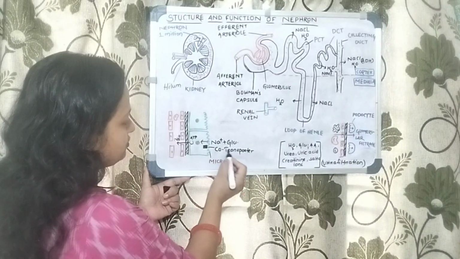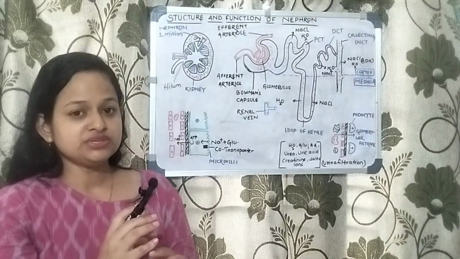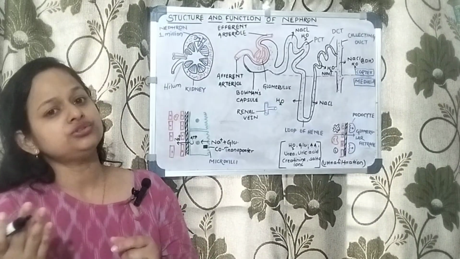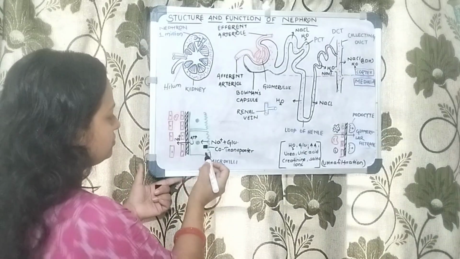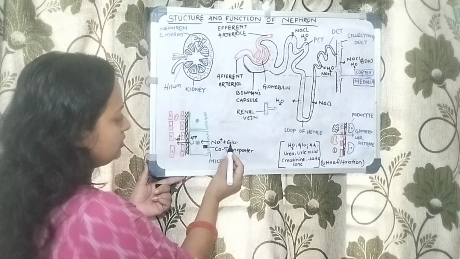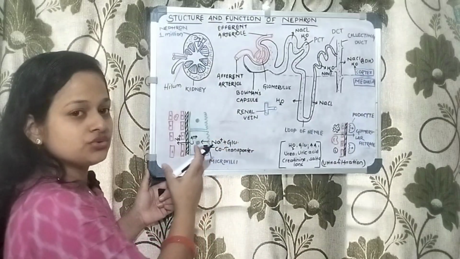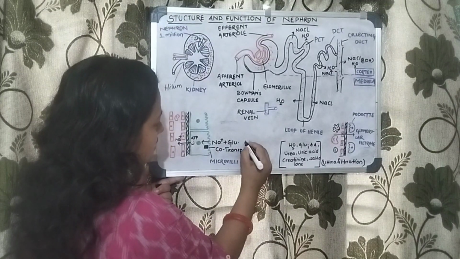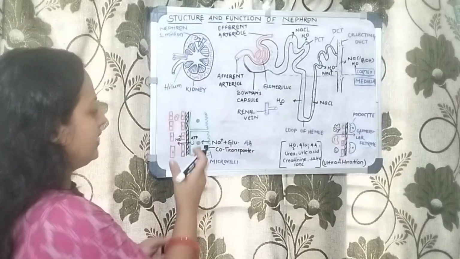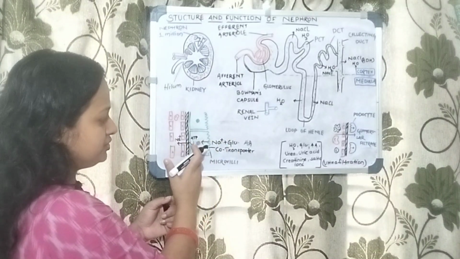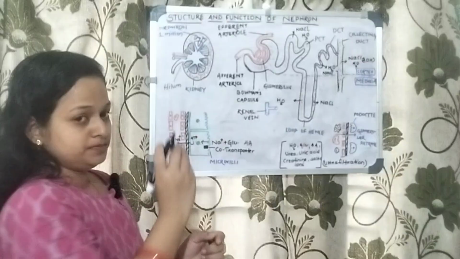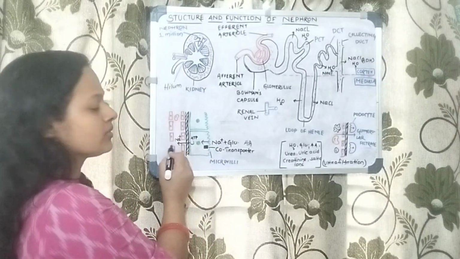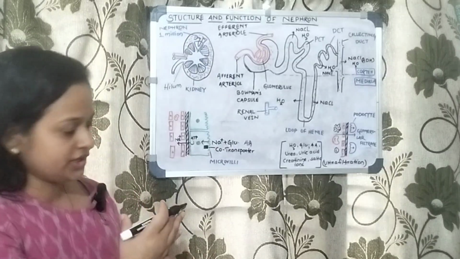The co-transporter means it transports one molecule along with one or two other molecules. So the sodium and glucose come in through this co-transporter along with the amino acid, and after they come into the cells of the PCT, then through this ATP pump the sodium goes to the blood capillaries.